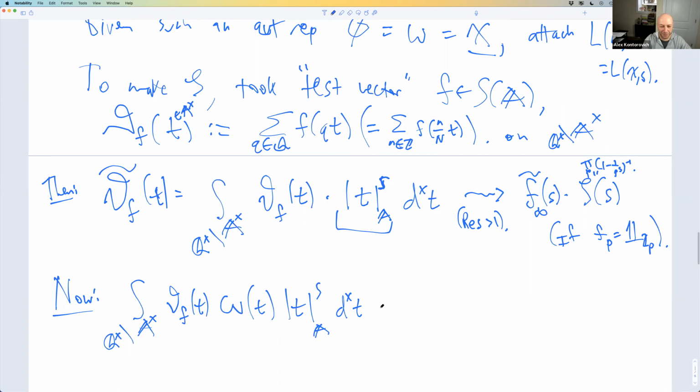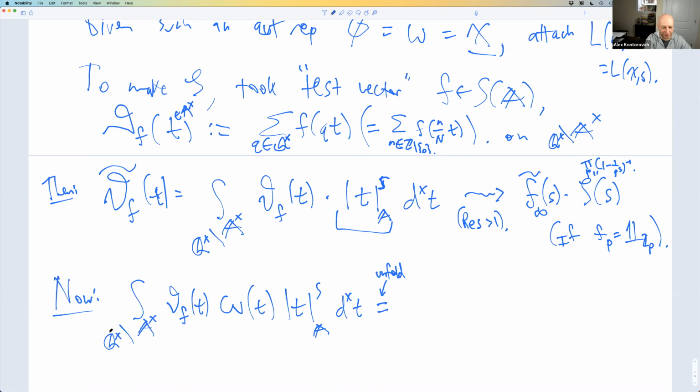Okay. So as before, should we redo how we unfold, or do you guys remember how unfolding works? If we have an integral over the adeles mod the rationals, and this is a sum on the rationals. In fact, I want to take away the value at 0, as usual for a theta function. I can't integrate the constant term.